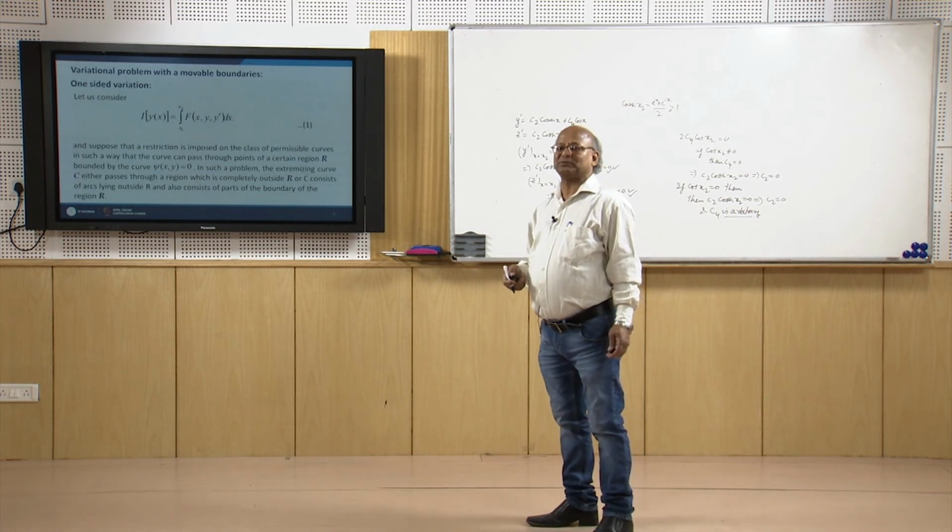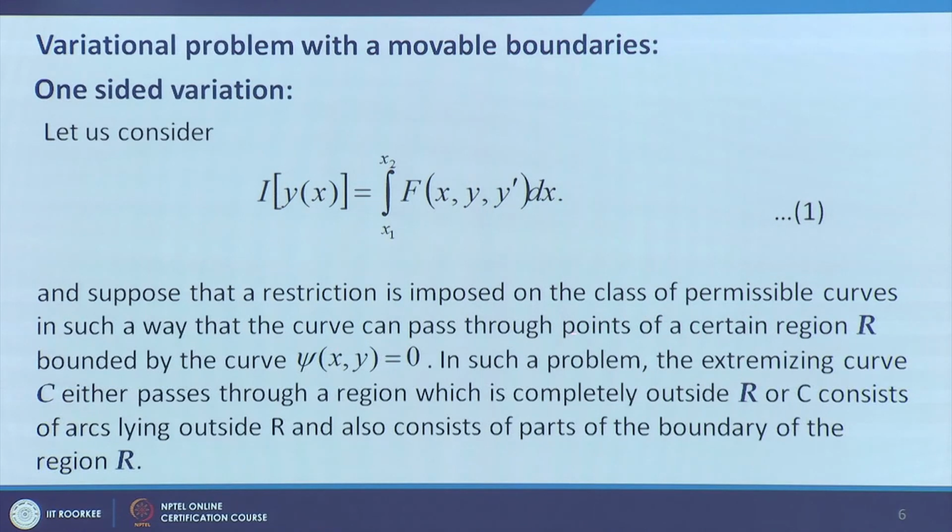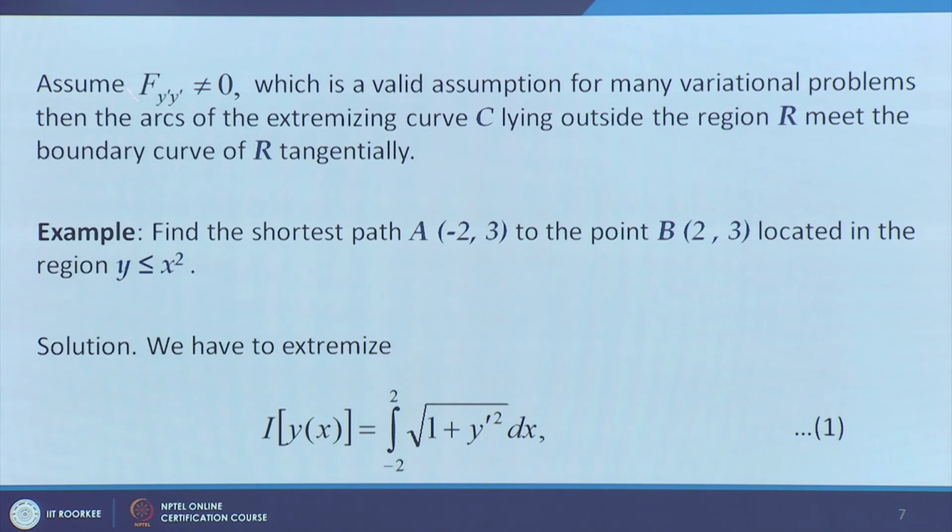The restriction is imposed on the class of permissible curves that those curves can pass only through this region, and in such a problem the extremizing curve C either passes through a region which is completely outside R, or C consists of arcs lying outside R and also parts of the boundary of the region R. Here we assume that the second derivative of f with respect to y' is not equal to 0.